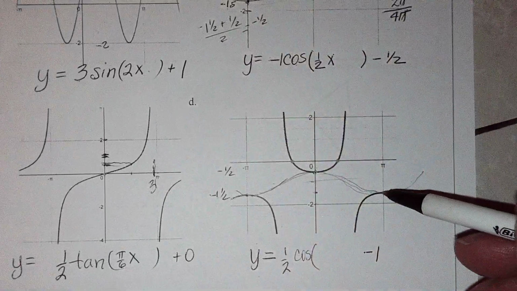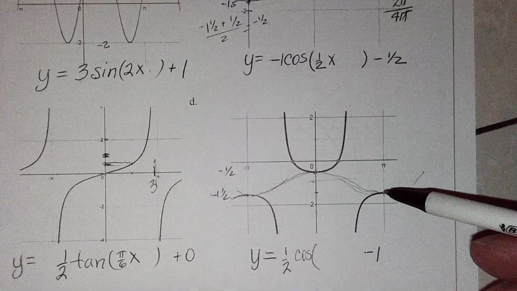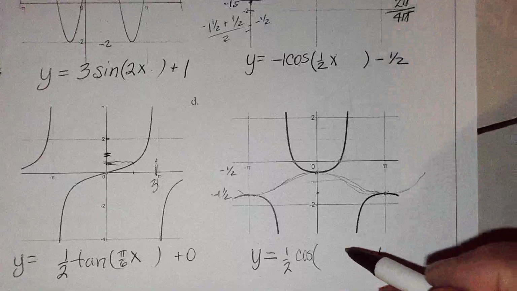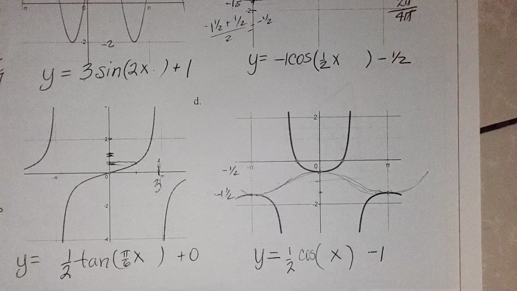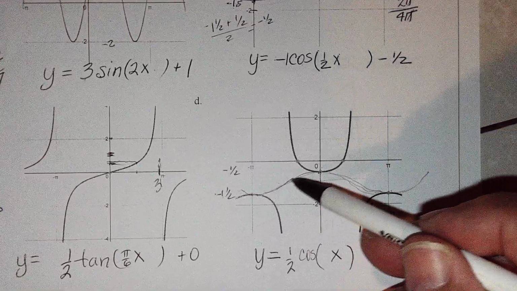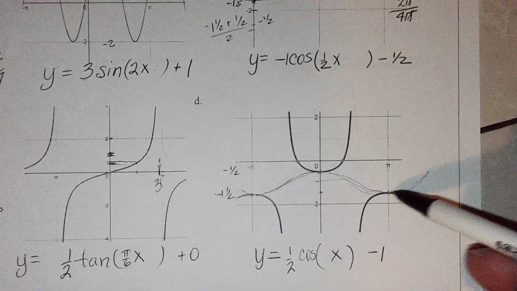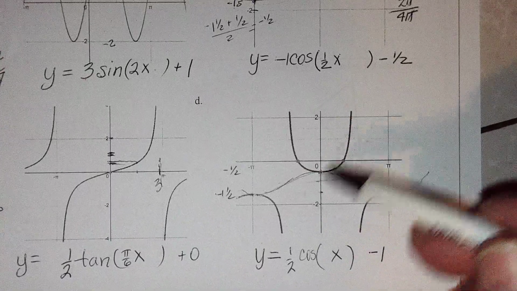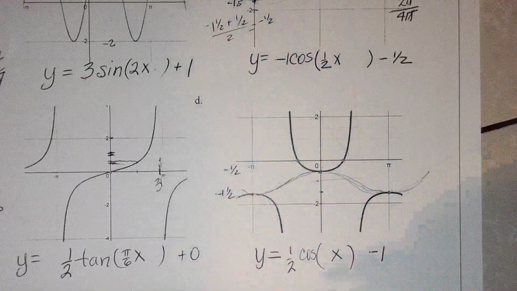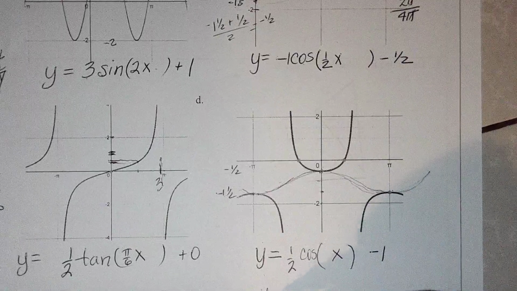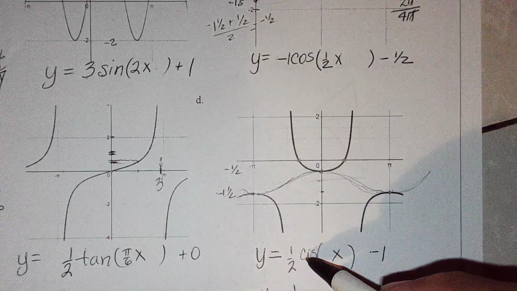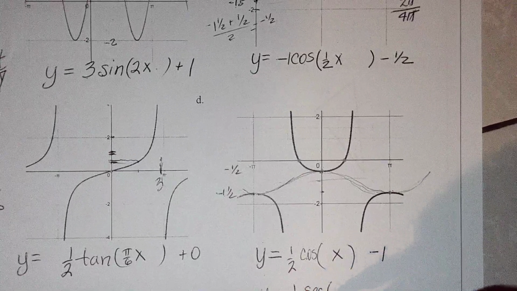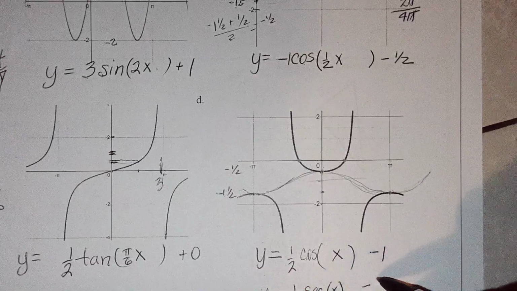And the period appears to be exactly 2 pi. And the cosine's normal period is 2 pi, so I could just use an x. That would be this equation. But this is the reciprocal of the cosine, so the real equation is y equals 1/2 secant x minus 1, since the reciprocal of cosine is secant.